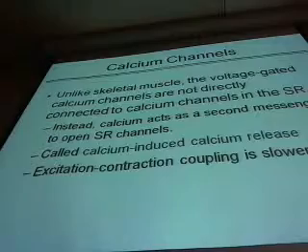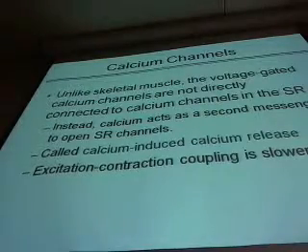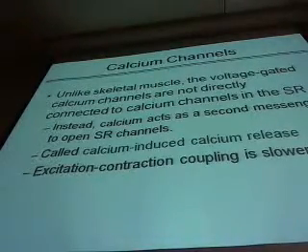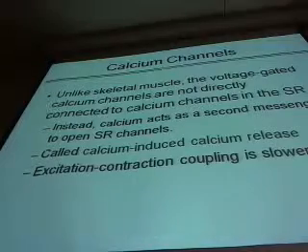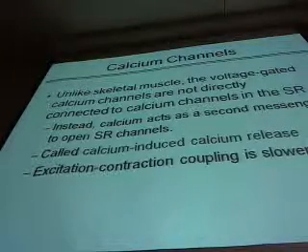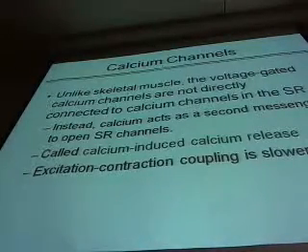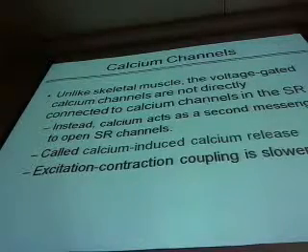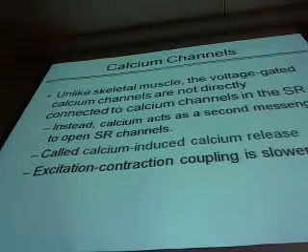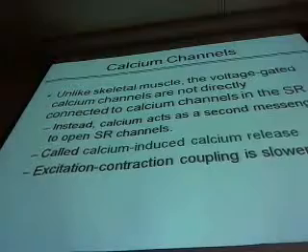Unlike skeletal muscle, the voltage-gated calcium channels are not directly connected to the calcium channels in the SR, the sarcoplasmic reticulum. Remember, in skeletal muscles, we have the tubules that connect them.